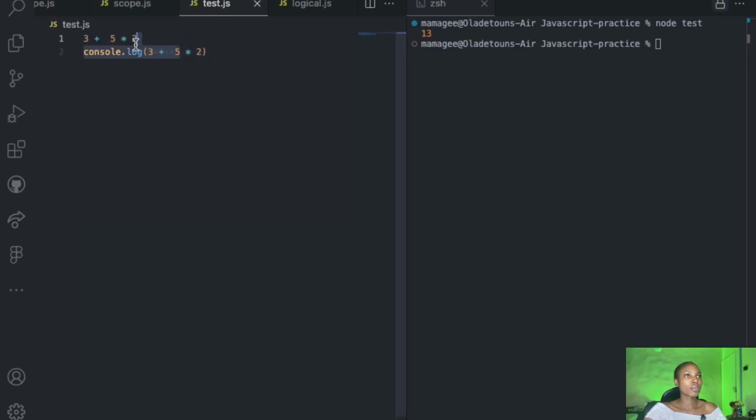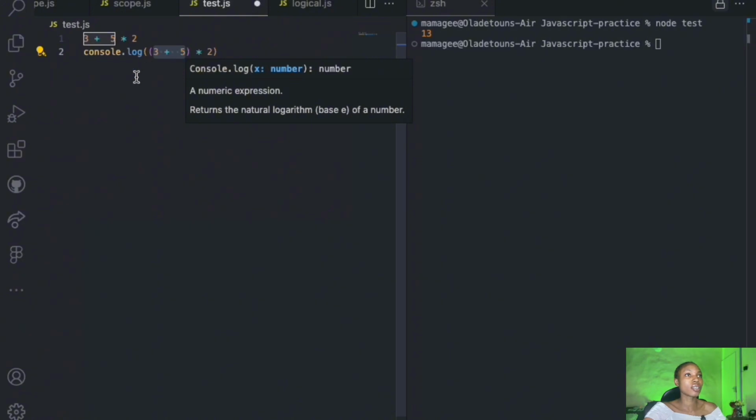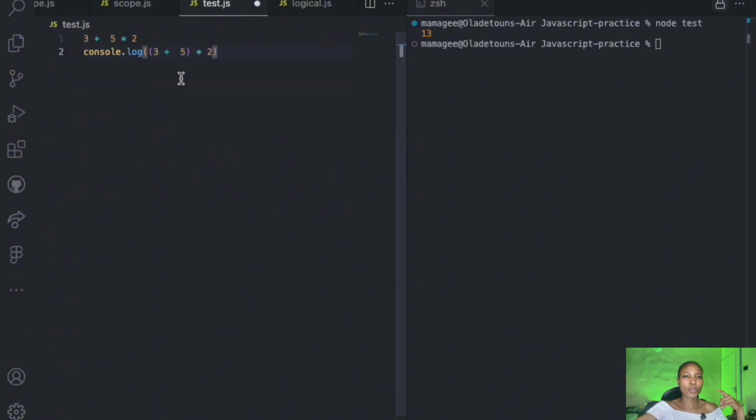But if I put 3 plus 5 inside parentheses like this, it will change the order of operation, because now whatever is inside parentheses gets more attention. It is executed first. So our answer will no longer be 13, because 3 plus 5 is executed first before multiplying by 2. That means we would get 18 now.